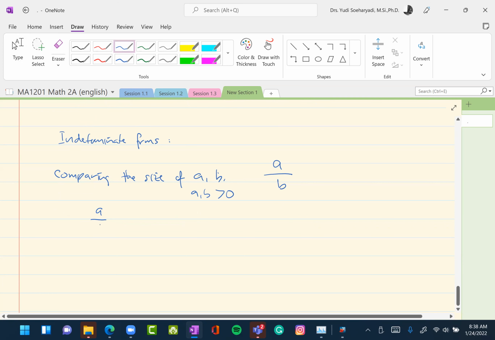When this ratio is small, for example, suppose, what can you say about this one? Or is it large? What can you say about A and B? When this ratio A over B is small, what can you say about A and B?